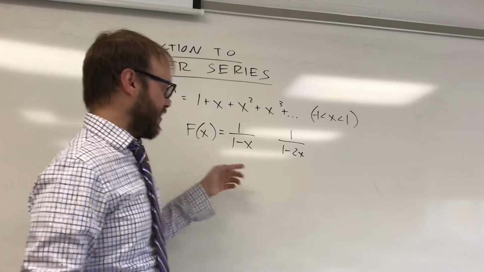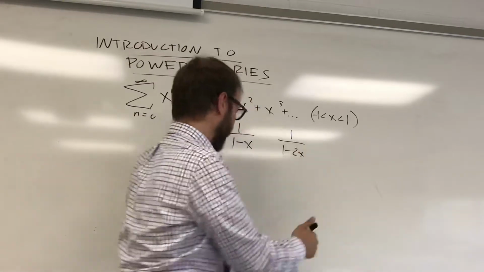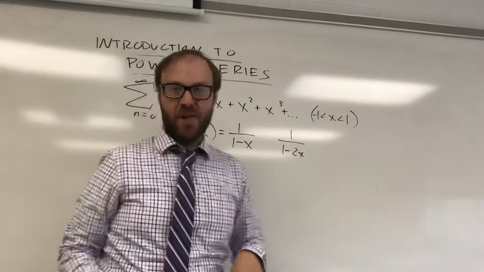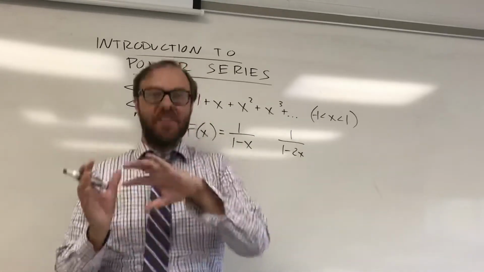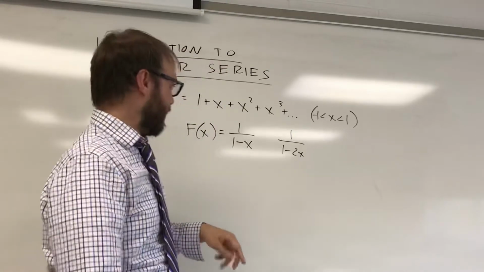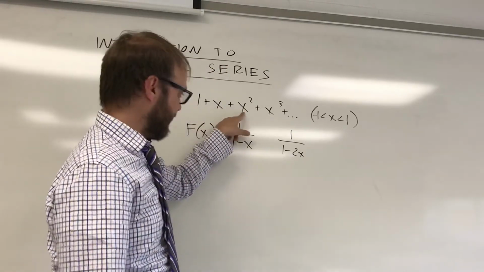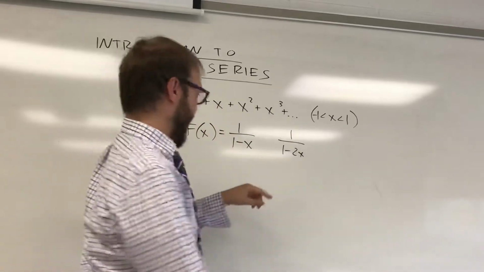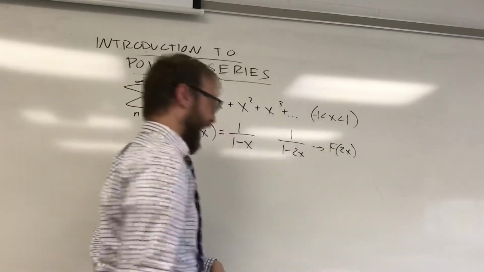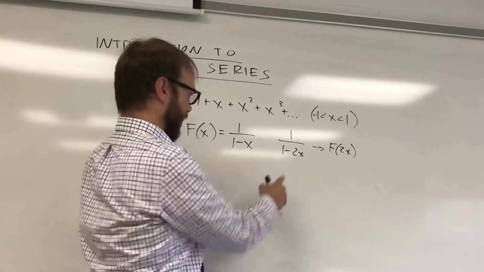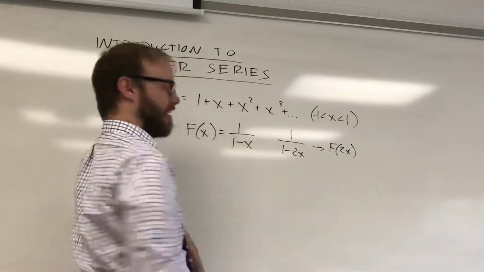Okay, this is just like you're putting 2x in place of x. And so because it's going in place of the input, you could literally just replace each of these x's with a 2x. This is really f of 2x is what you're doing here. Okay, you're putting 2x in place of the x.